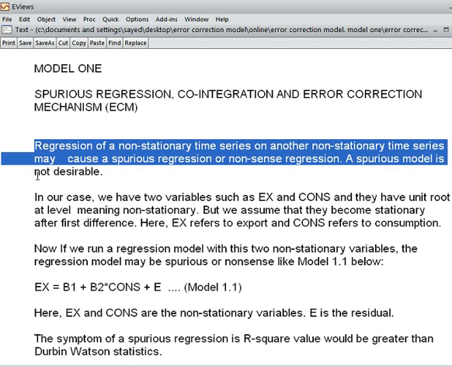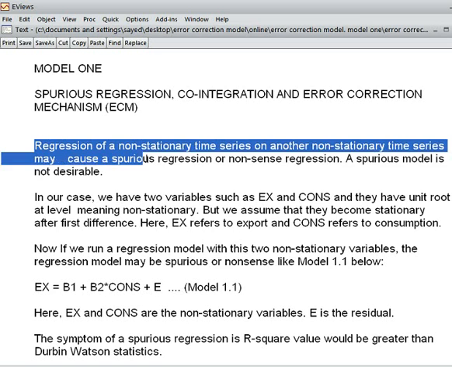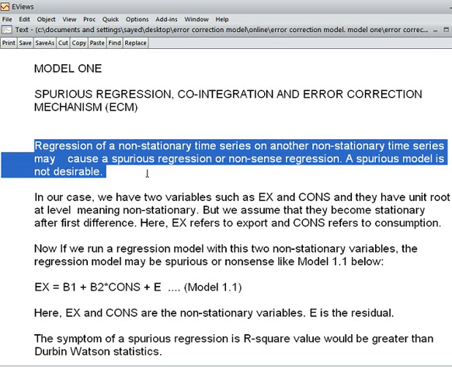So what is happening here? If the variables are non-stationary and we estimate the regression model, probably that model is spurious or nonsense. So we cannot accept that model.